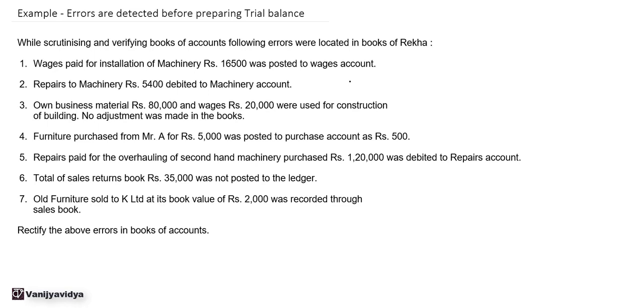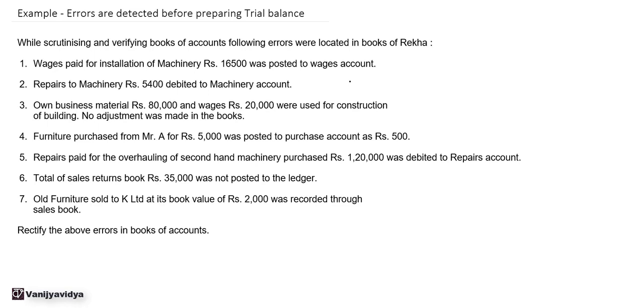wages paid for installation of machinery rupees 16,500 was posted to wages account. Now here what has happened is wages was paid for installation of machinery. So whenever we install a machinery and whenever we purchase a machinery, the cost of the machinery will include its cost, then transportation plus the installation charges.